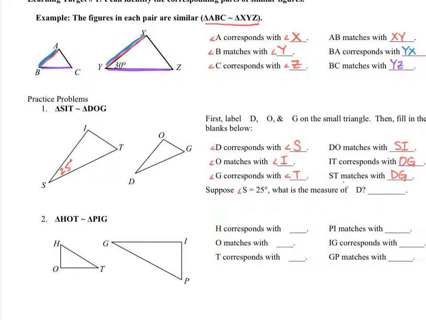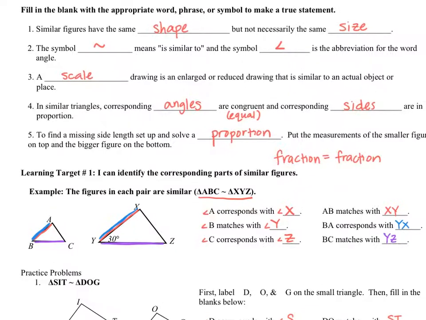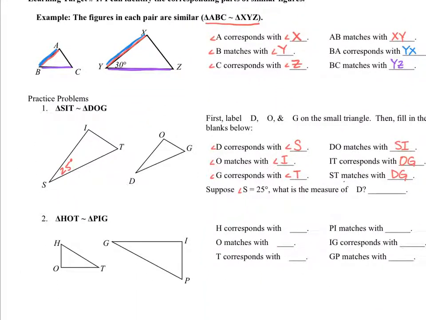Remember that on the very top I mentioned that corresponding angles are congruent, or equal. They're exactly the same. So if angle S is 25 degrees, angle S and angle D correspond. If they correspond, they have to be equal. So angle D also has to be 25 degrees.